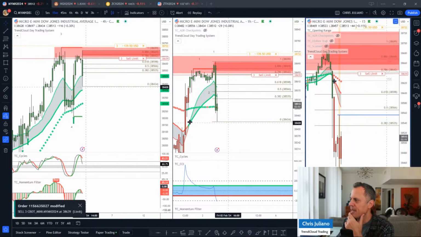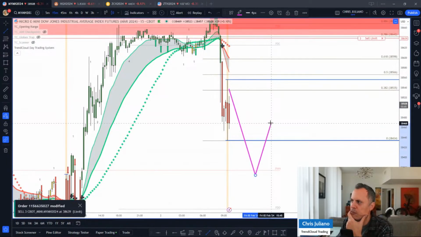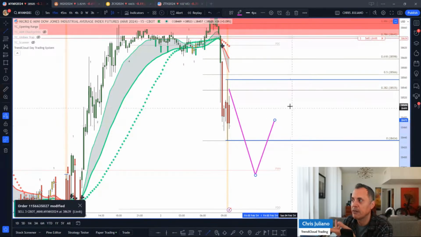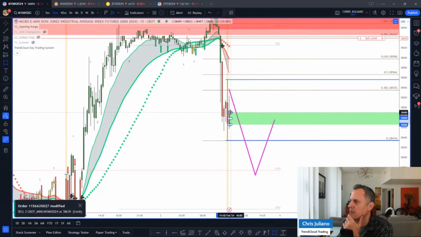Now, if it doesn't reach that and it breaks out to the downside, then we can start looking for the retest. So you've got two strategies in play. If it breaks to the upside, we're set for our bull trap. If it breaks to the downside, we take the retest of the opening range. And perhaps on this movement here, it forms some kind of drop-base-drop, in which case we would box it out on that 15-minute chart.